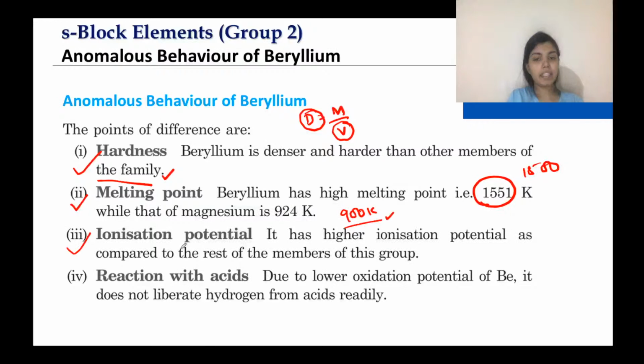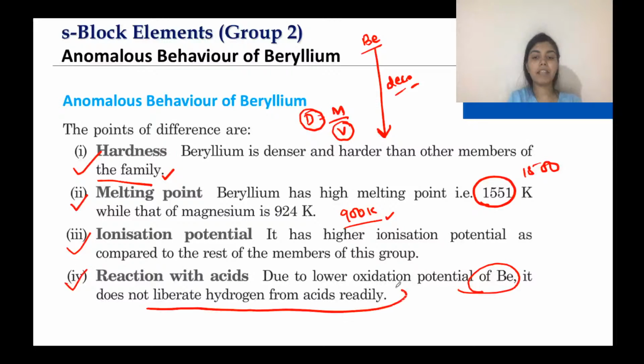Next is the ionization potential. We know that ionization potential decreases down the group, right? So the first member of the group will have a higher ionization potential. Next is the reaction with acids. Due to the lower oxidation potential of beryllium, that means it does not want to lose electrons basically, it does not liberate hydrogen from acid easily.